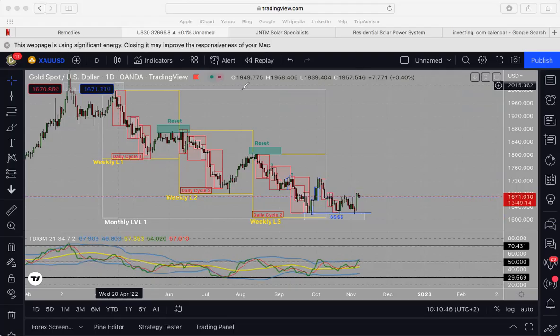All right, guys. So we can see where we are in the cycle. We've had 3 daily cycles complete with 3 levels of weekly drops, 3 weekly level drops, and 1 monthly level. Now, Franco asked me a question as to how to go about counting these levels.